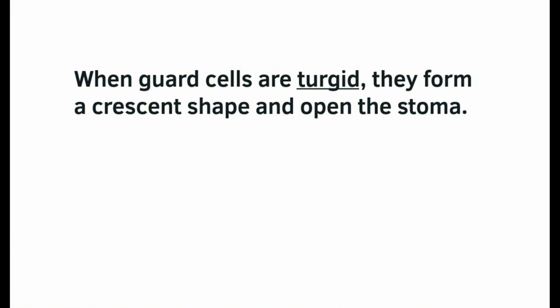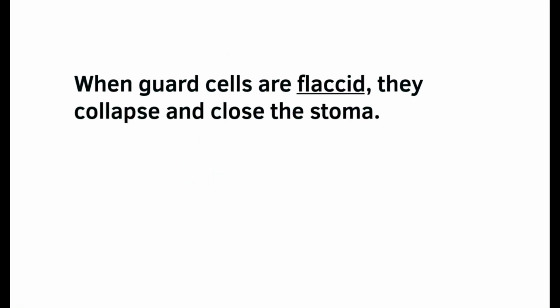When guard cells absorb water, they become turgid and form a crescent shape. So they form a shape somewhat like this when they absorb water, and then they form this open stomata structure.